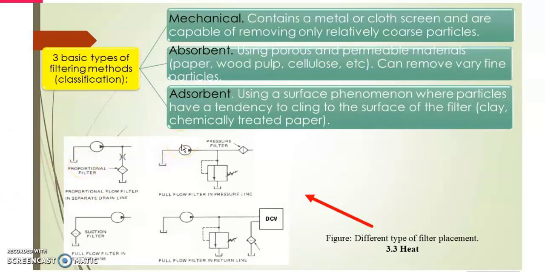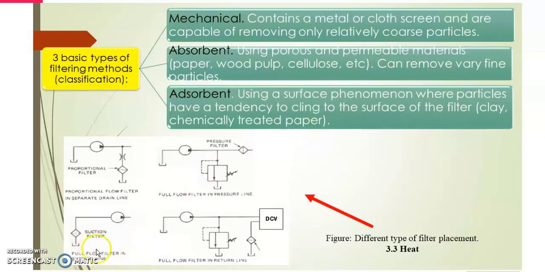For the full flow filters in the pressure line, this type of filter placement is normally used in systems where the high pressure components such as valves are more dirt sensitive than the pump. The pressure line filters are actually designed to sustain the system operating pressure.